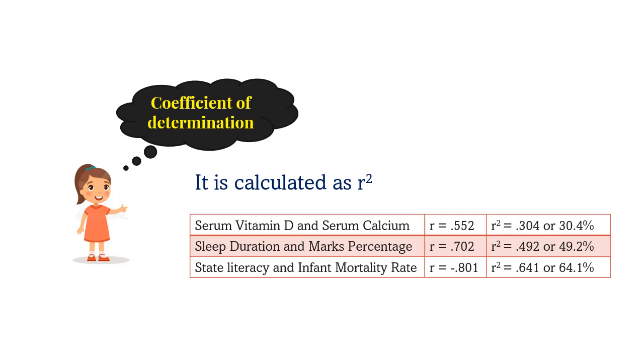So we can explain that 30.4% of variation in serum vitamin D level can be explained by the changes in the serum calcium level. Similarly, 49.2% of the variation in marks percentage can be explained by the variation in sleep duration. Similarly, we can interpret the state literacy and infant mortality rate too.